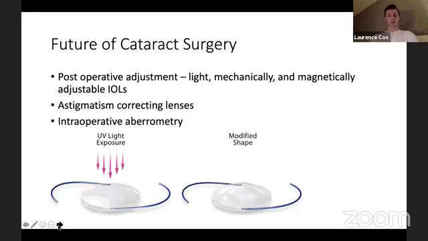And this basically allows us to reshape the intraocular lens and slightly modify the refractive power of the intraocular lens if patients are left a little bit too myopic or hypermetropic after surgery. This can also be done mechanically or magnetically. Other intraocular lenses might include astigmatism correcting lenses, as well as developing the use of intraoperative aberrometry.